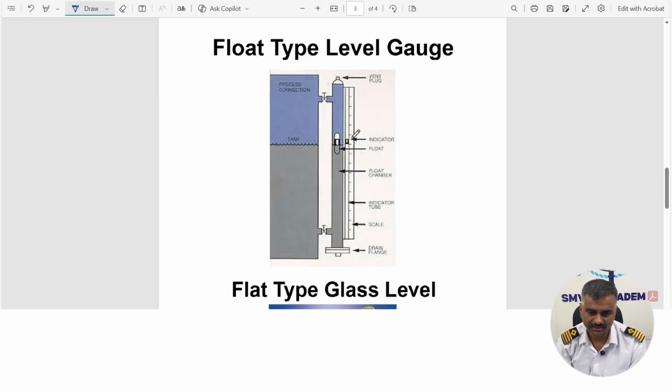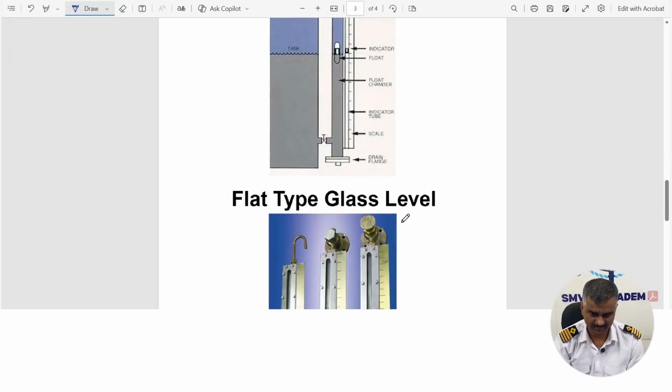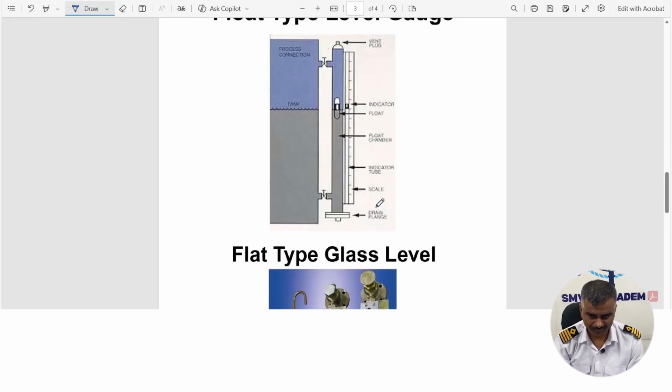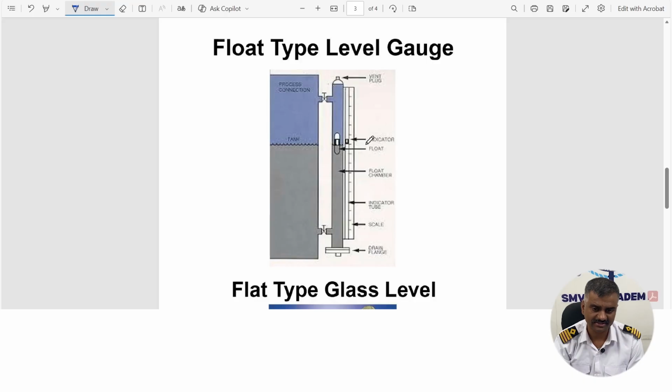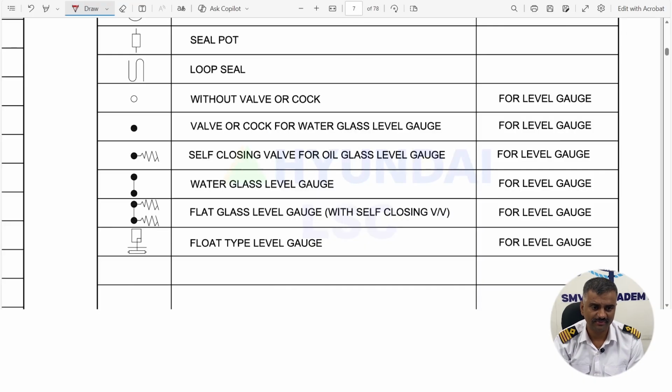When the tank level goes down or up, depending on the kind of installation, it can be a magnetic type level gauge, a float type, a wire type, or a flat type level gauge. Different mechanisms are used just to show the level of the tank.